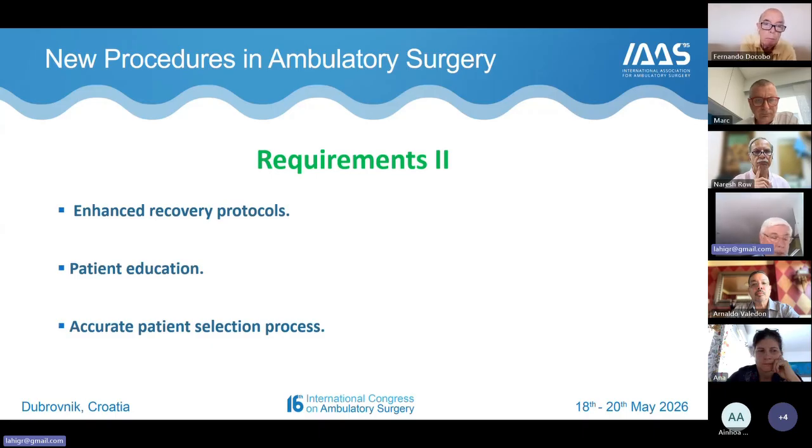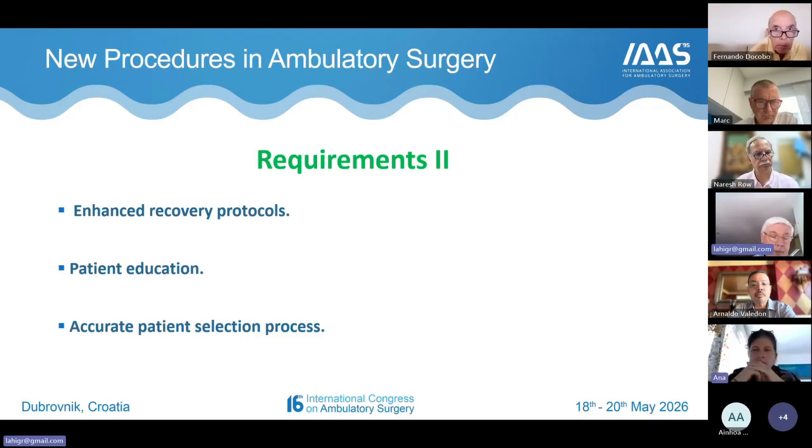Enhanced recovery protocols. Enhanced recovery has been a radical change since Henry Kehlet's studies. One of the people who has collaborated the most in its implementation in ambulatory surgery is our friend Girish Joshi. We need patient education.